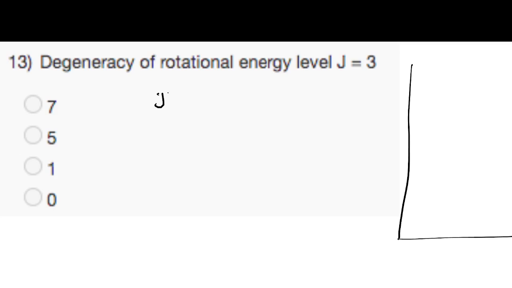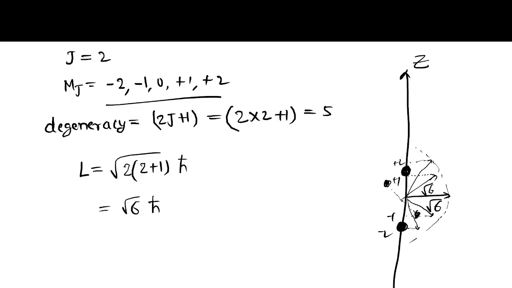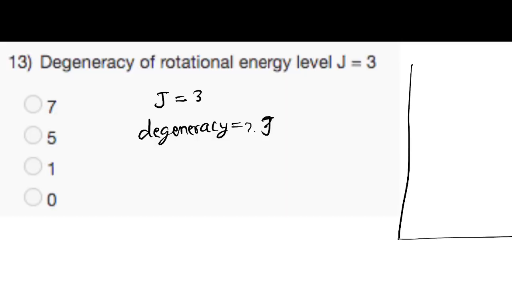J is 3, so degeneracy will be, what was the degeneracy? I forgot. 2J plus 1. So 2 times 3 plus 1, meaning 7. This is the answer.